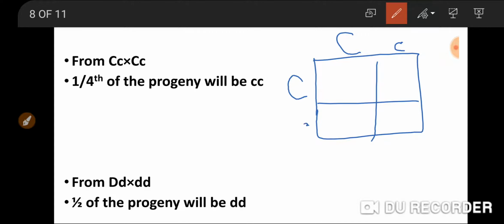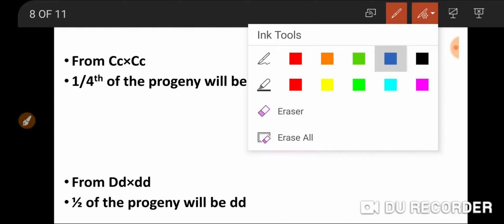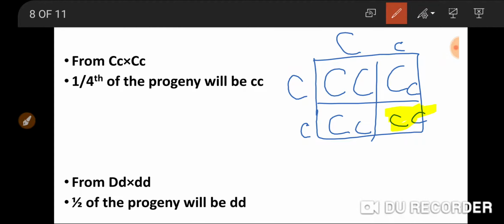So when we cross, we will get capital C, capital C, capital C, small c, capital C, small c, and small c, small c. Again you can see here we are getting only one offspring out of the four which has the genotype of small c, small c.